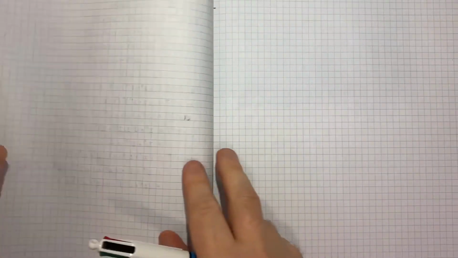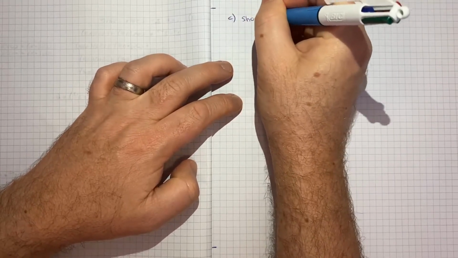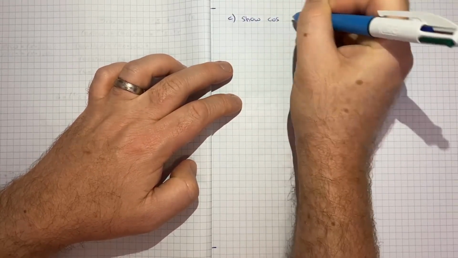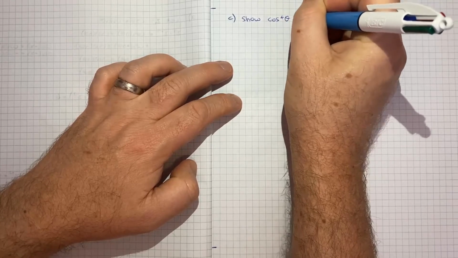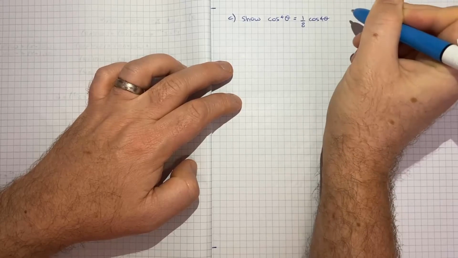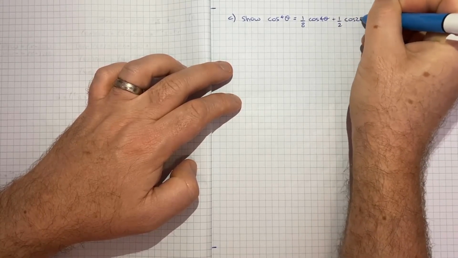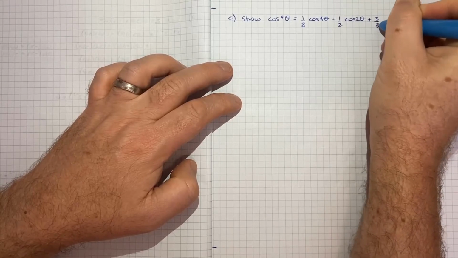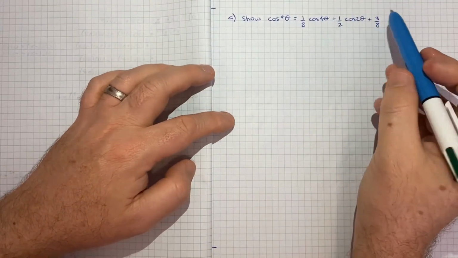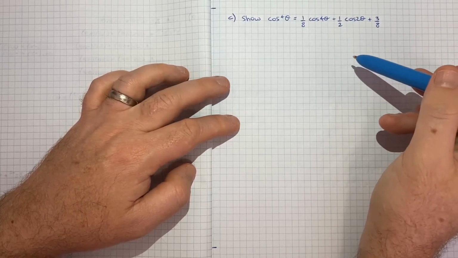I'll just turn over. Part C was asking us to show that cos to the 4 theta was equal to 1 on 8 cos 4 theta plus 1 on 2 cos 2 theta plus 3 on 8. And the word hence in the question makes it very clear we need to use the result we just worked out.